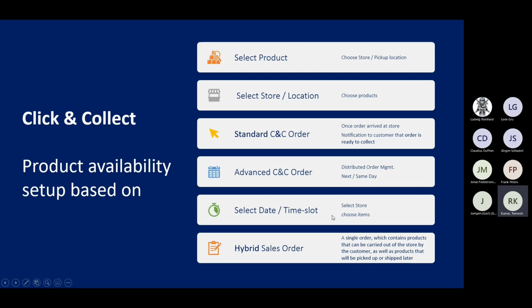Or if it is a grocery or supermarket, we can go with a select date with the time slot option. The last one is a hybrid sales order, where a single order can also be split. That is, we can ship some items, collect some from another store, or take some items from the store itself.